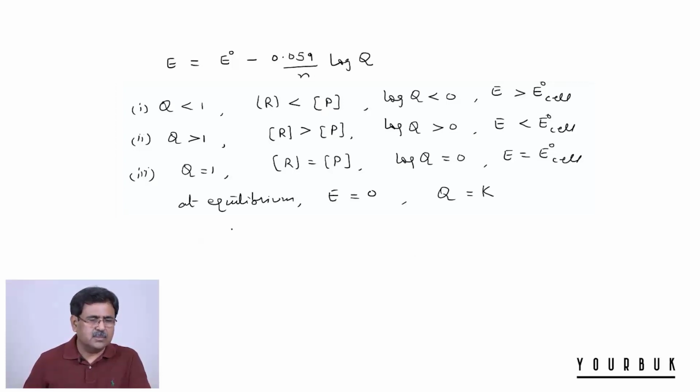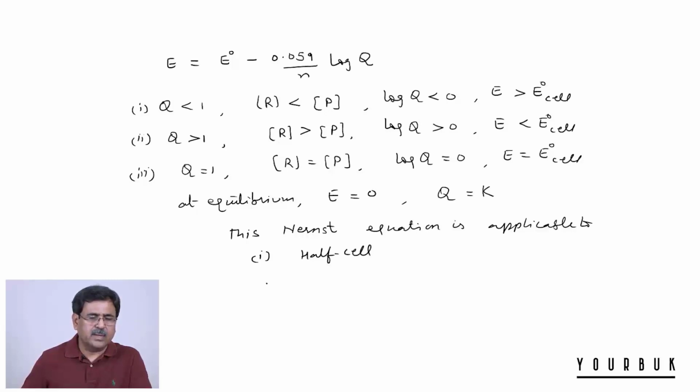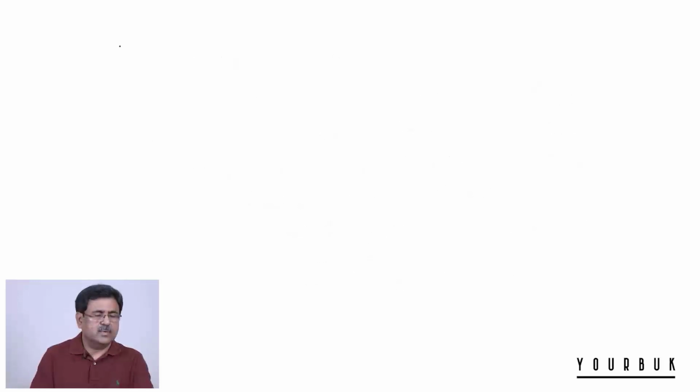And this Nernst equation is applicable to a half cell as well as to the complete galvanic cell. Now, first we will apply the Nernst equation to a half cell.